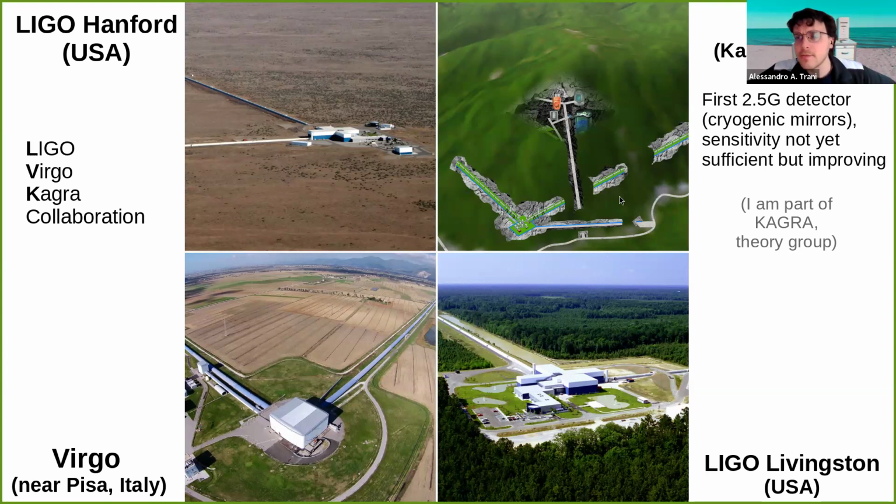And yeah, KAGRA is the latest detector to have seen the light, or rather the gravitational waves. Unfortunately, its sensitivity is not yet sufficient because it's just the latest arrival, but it implements already 2.5 generation technology in the form of cryogenic sapphire mirrors. And there is also LIGO India planned and new detectors to improve, let's say, the possibility of detection.